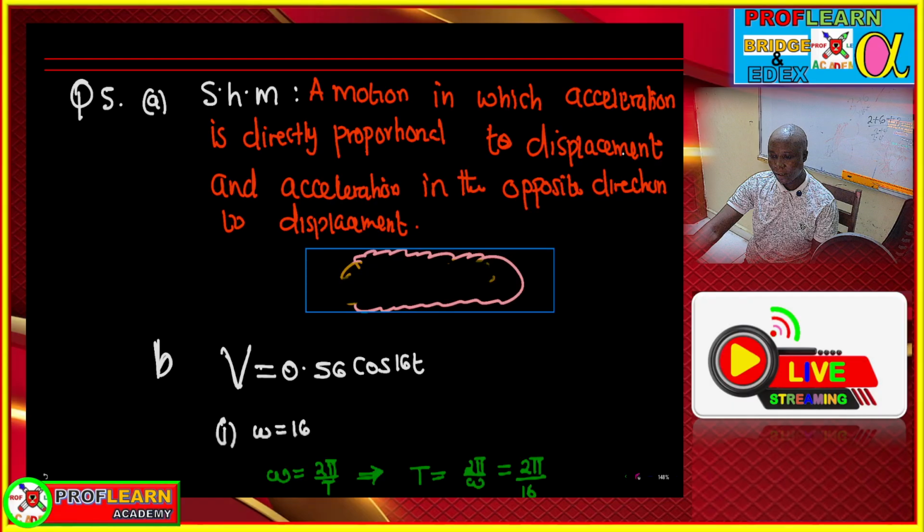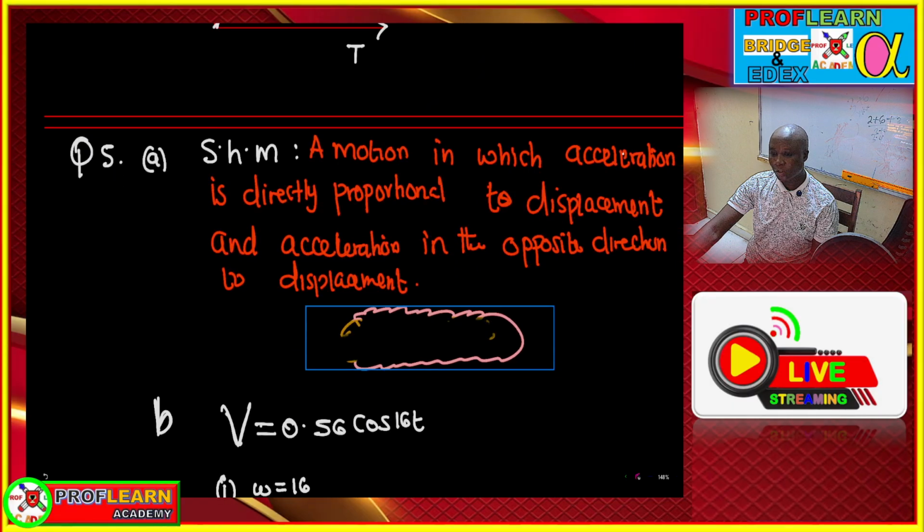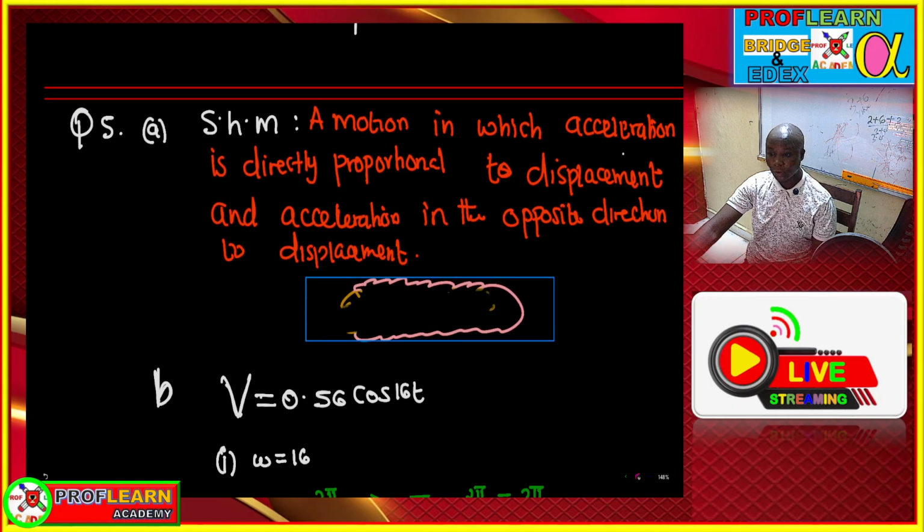In question number 5, this is the question from simple harmonic motion, whereby you are supposed to define what we mean by the term simple harmonic motion. And then you are to say there, this is a type of motion in which acceleration is directly proportional to the displacement, and acceleration is always in the opposite direction to the displacement.